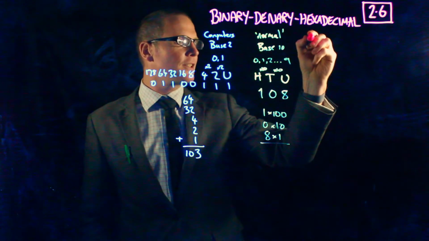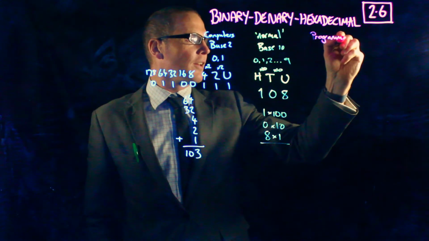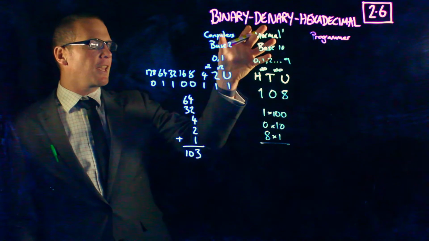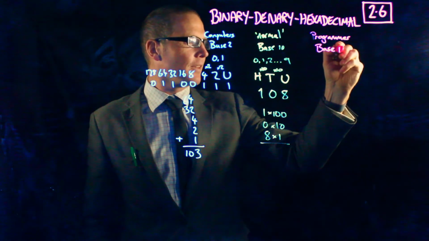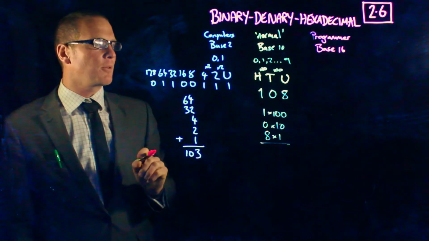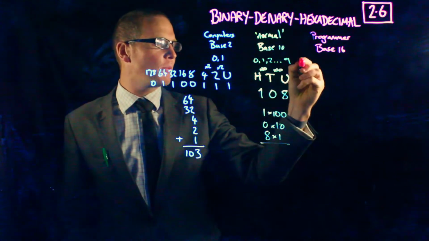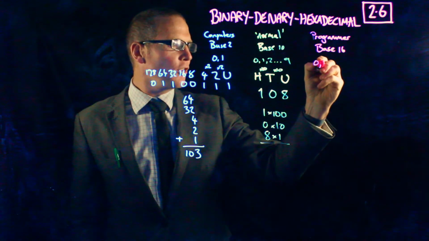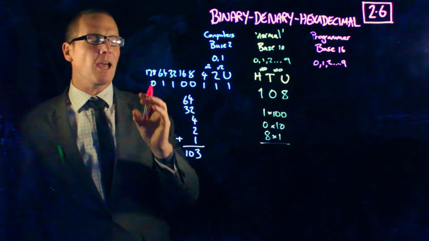Now, I say letters because we've got a base 16 number system for hexadecimal, which means each column can have 16 different options in it. The 10 that we're used to, plus some extra ones.